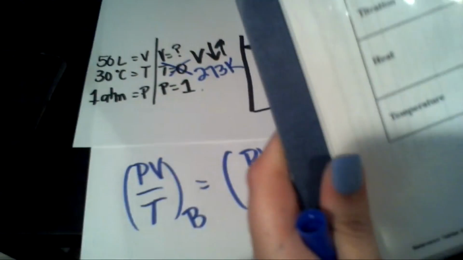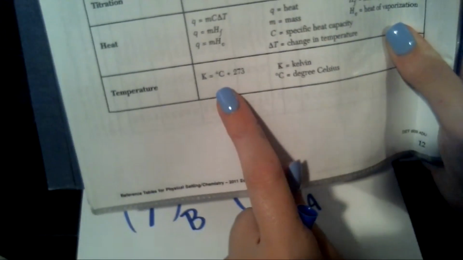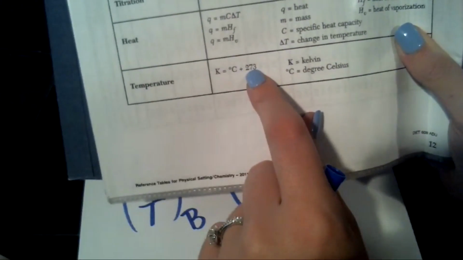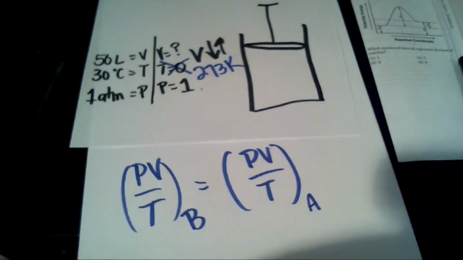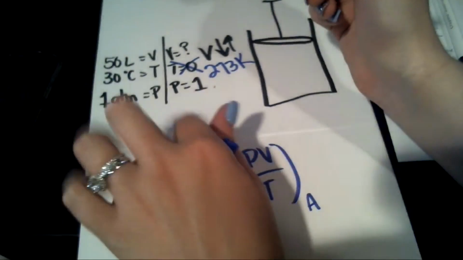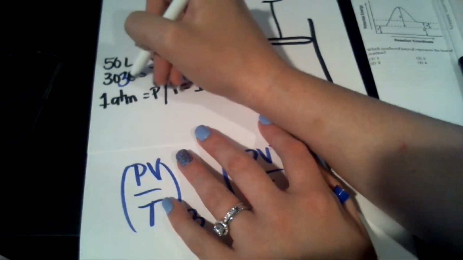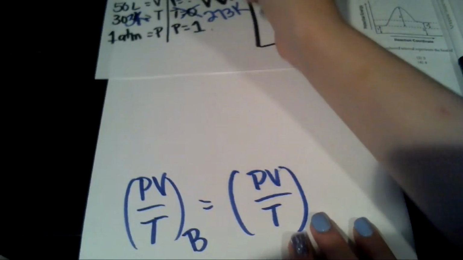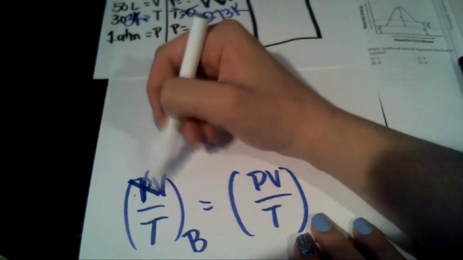You would take your 30 degrees Celsius and convert that to Kelvin. You can do that with this equation down here on the back cover. You would take your Celsius degrees, add that to 273. You would wind up getting 303 Kelvin.